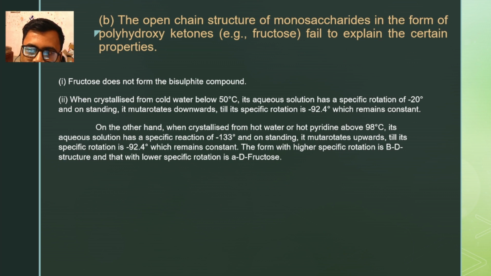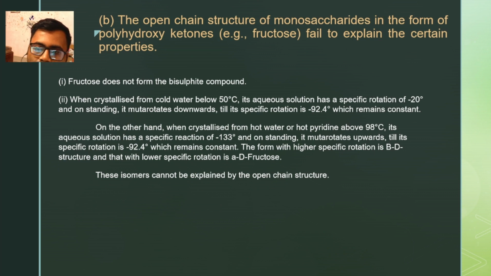Generally the form with the higher specific rotation value is known as beta-D-fructose, whereas the lower specific rotation is known as alpha-D-fructose. So this mutarotation property cannot be explained with the help of the open chain structure.